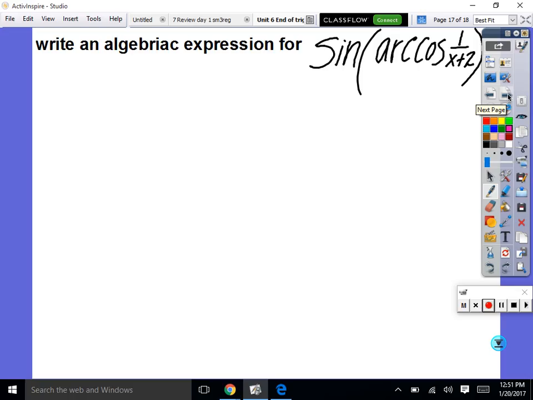Okay, it says sine of arc cosine of 1 over x plus 2. What does arc cosine really mean? It's the angle that has this cosine value, right? So we have a right triangle with an angle. The cosine is adjacent over hypotenuse. Adjacent is 1. Hypotenuse is x plus 2. So let's do some algebra to figure out this side.